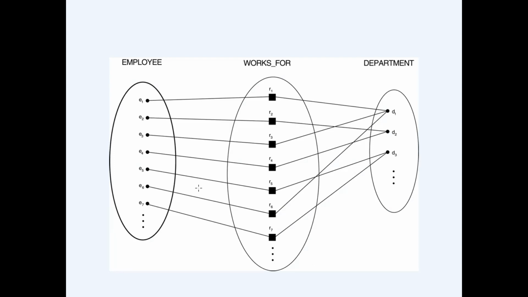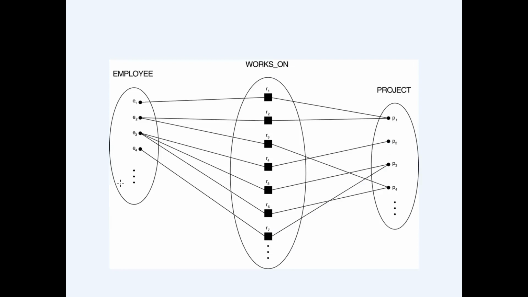So this is one to many, right? Similar to that, employees can work for projects. If you take one particular employee, they can work for multiple projects. If you take a project, it can have multiple employees, which is many to many.